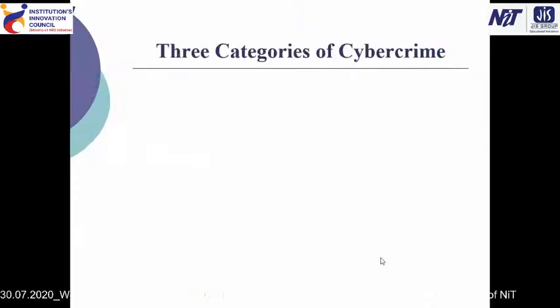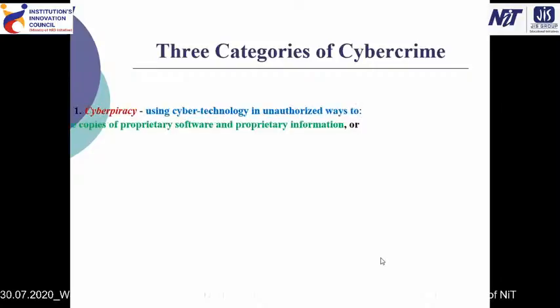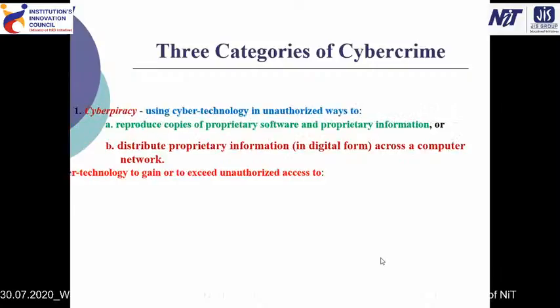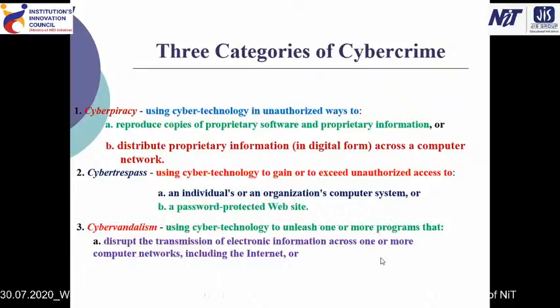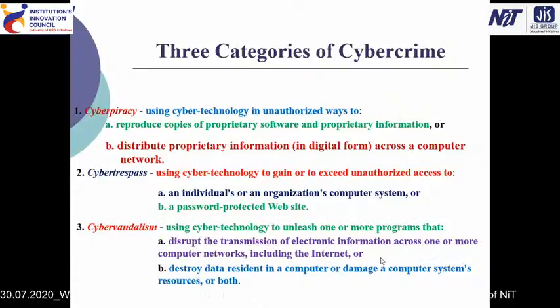Three categories of cybercrime I show here: cyber piracy, cyber trespass, and cyber vandalism. Cyber piracy is distributing proprietary information in digital form across a computer network. Cyber trespass is using cyber technology to gain or exceed unauthorized access.